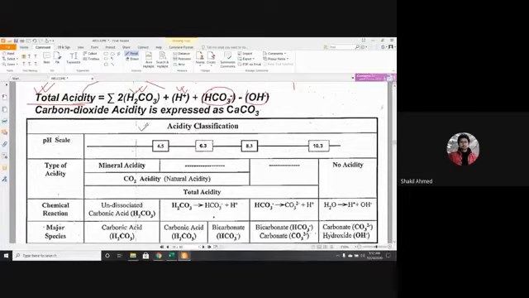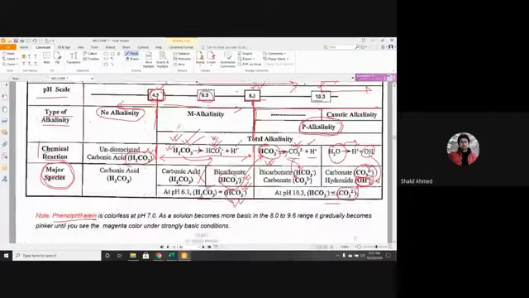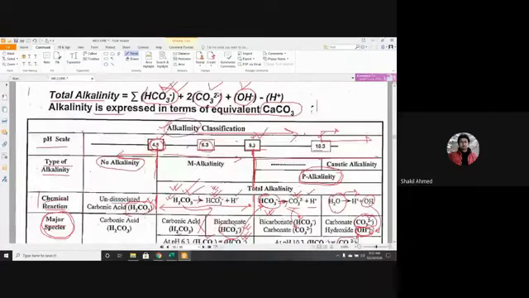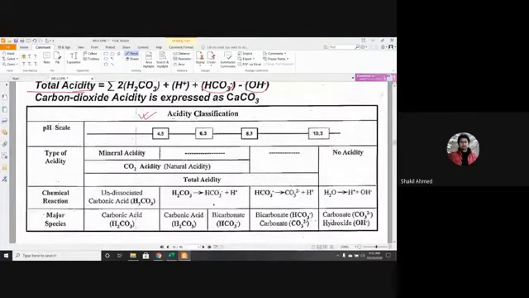Acidity classification. Similar to the classification of alkalinity, we have acidity classification. Same thing. Below 4.5, undissociated H2CO3. Then H2CO3 dissociates to give this.